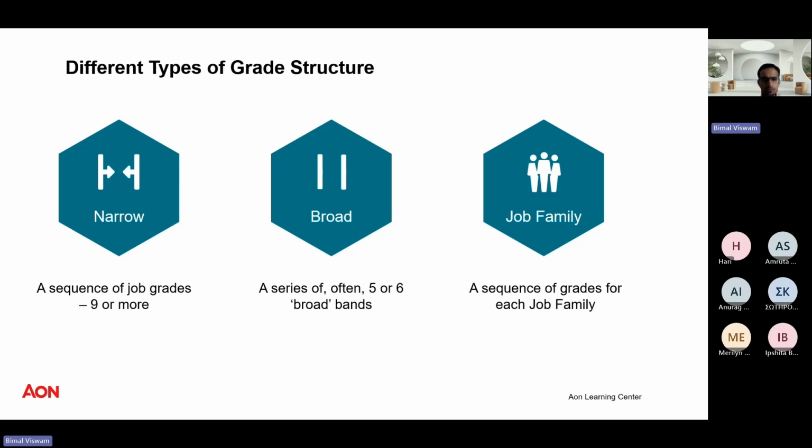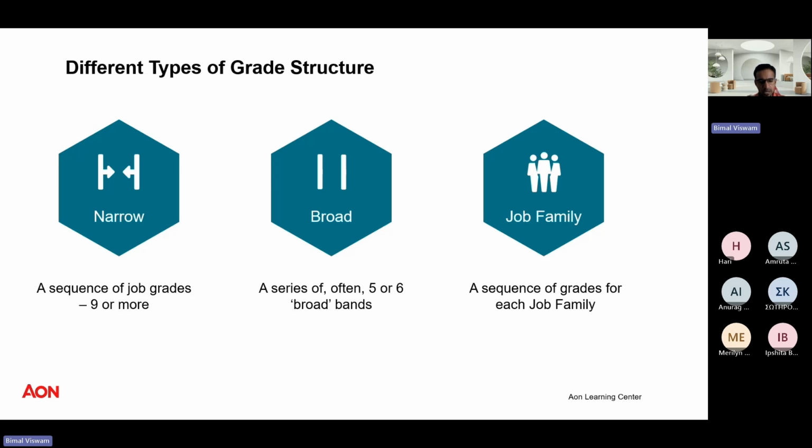Now, the sequence of grades can cut across job families, or you can have unique grades for different job families. Where do you think we will have a lot of grades? Typically in largely bureaucratic organizations where there is a need for close and rigid control, where jobs are defined very narrowly and progression is faster.